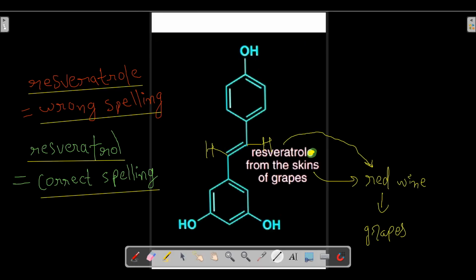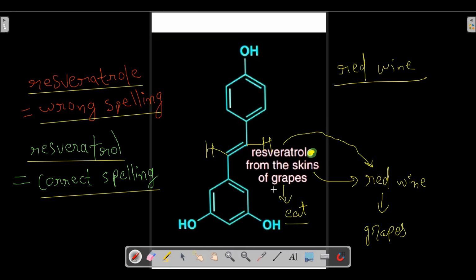If you want the benefit for the heart, instead of drinking red wine to prevent heart diseases, eat grapes instead. If you really want to benefit from the resveratrol compound, then eat grapes instead of drinking wine, because grapes will not be injurious to health.